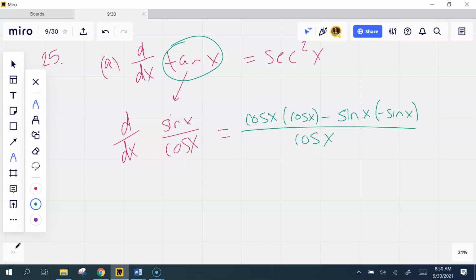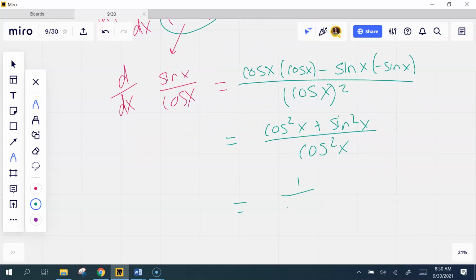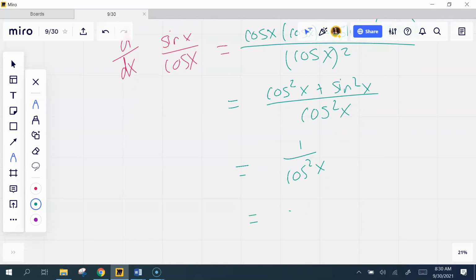I feel like we did do this one yesterday, y'all. Okay. Cosine squared plus sine squared, which should make you stop and go, wait, that's 1. So I get 1 over cosine squared, which we of course know to be secant squared.